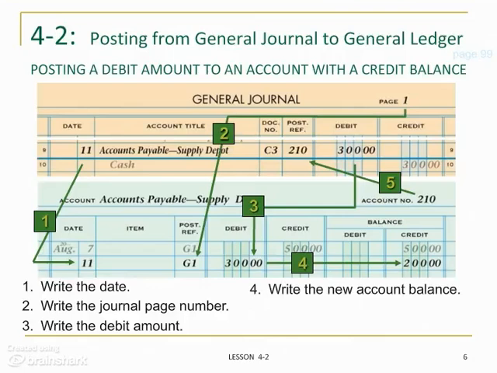So therefore, the balance in the credit column is going to go down to $300. The last step is going to be, again, to return to the journal and write the account number down. So we're going to post the 210 back in our post-reference column in the general journal.